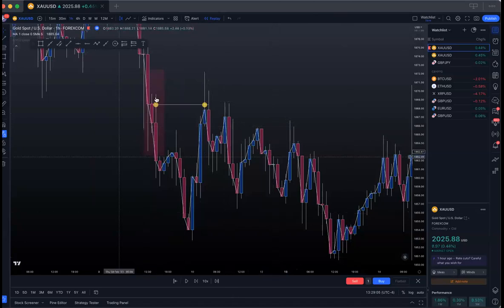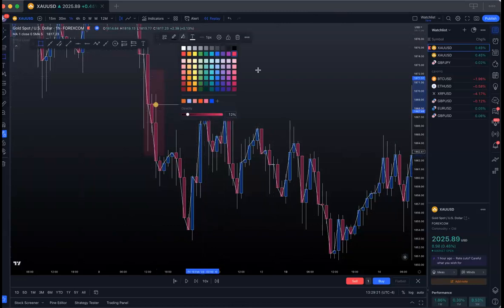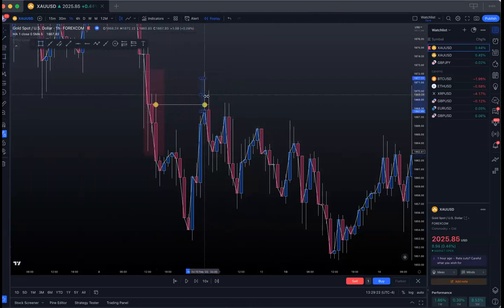It's just TradingView. Yes, we have the ability to go back in time, but it doesn't show us the creation of the candle. In real time, this candle is actually bullish like this when it comes to this level.